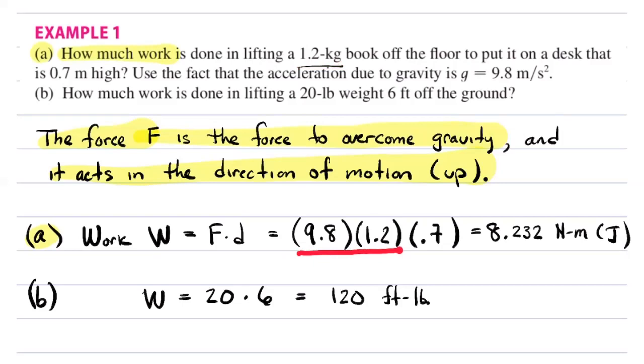That red underlined quantity, 9.8 times 1.2, would be the force in newtons, and we're multiplying that by 0.7 meters, right? Because that's how far we're lifting the book. And if you get out your calculator, stop the video, check my math, I calculated that as approximately 8.2 Newton meters, or 8.2 joules.